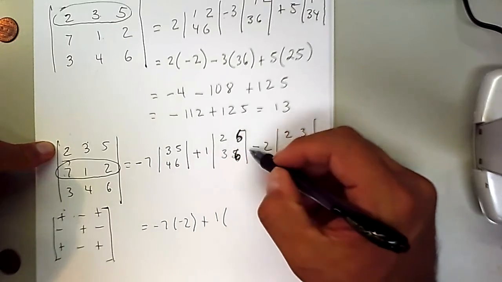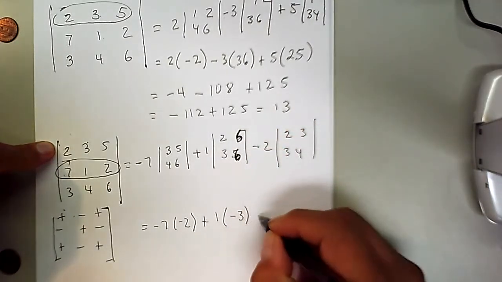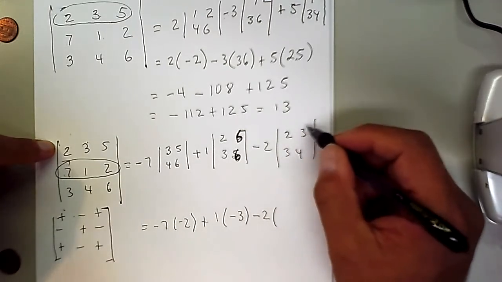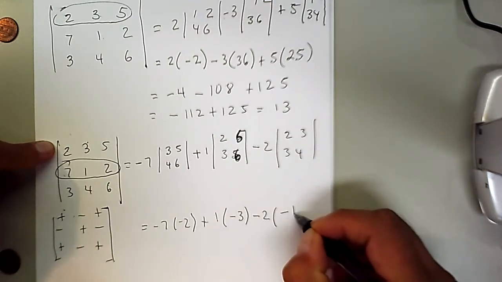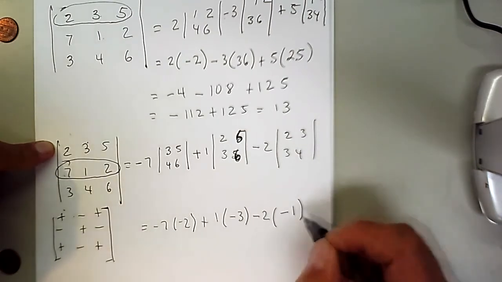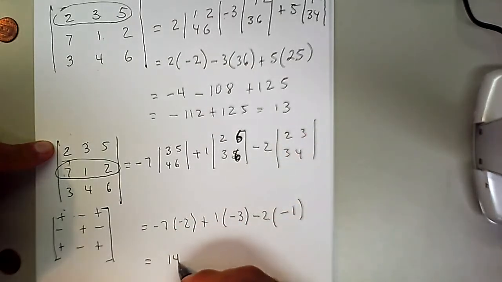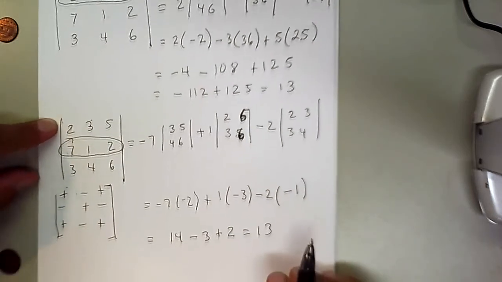So we end up with 12 minus 15, -3, minus 2, so 8 minus 9, negative 1. Hopefully this will work, because we're supposed to get 13. 14, take away 3, but then add 2 back to it. Sure enough, that gives us 13.